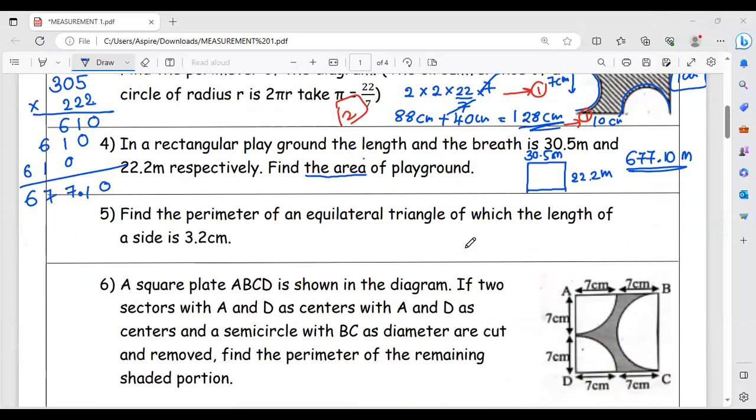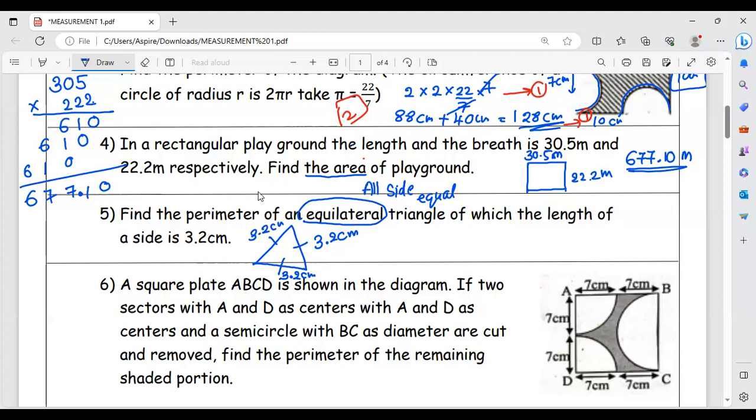Find the perimeter of an equilateral triangle of which the length of a side is 3.2 centimeters. Then how do we find the perimeter of an equilateral triangle? Equilateral triangle means all sides equal. Now you should know about this. Such a kind of triangle is called an equilateral triangle. Then this side also 3.2 centimeters, here also 3.2 centimeters.